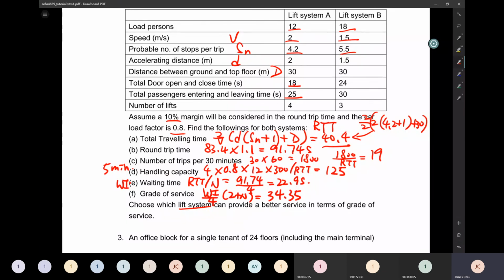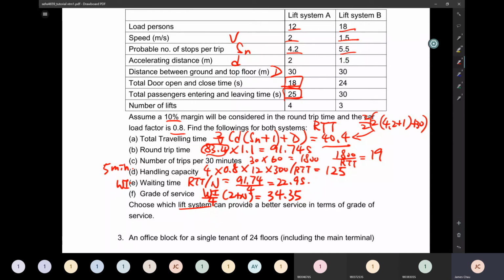Now we come to, do you have any questions? Okay, I found the question, how to calculate 83.4. This one actually comes from 40.4 plus 18 plus 25.